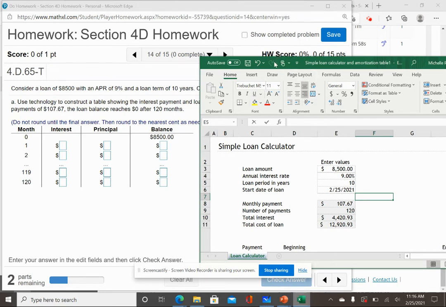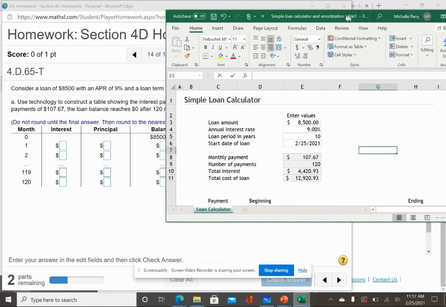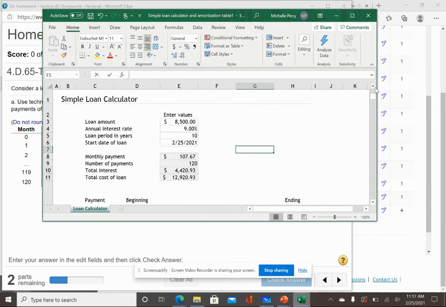So you're like, well, how does this help me determine interest and principal, the division of that particular monthly payment, and how it affects the balance? What this is, it's a loan amortization table that will then break down all of this information for you. We just have to scroll down so we can find that information.